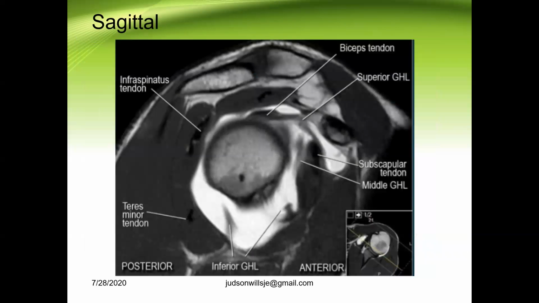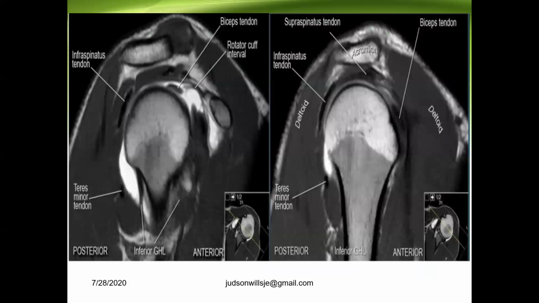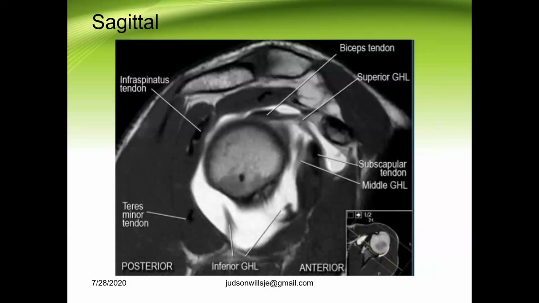And next we move to the sagittal slices. I already told that it should be parallel to the glenohumeral joint, and this is the planning of the glenohumeral joint. Here you can see the infraspinatus tendon, biceps tendon, all those structures, which are part of the rotator cuff.